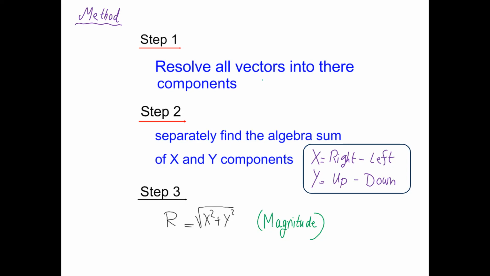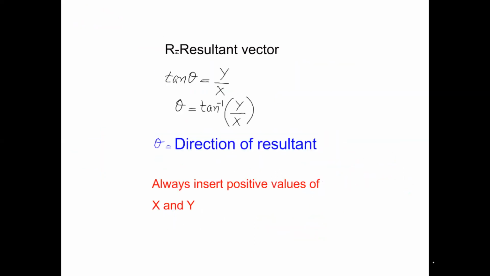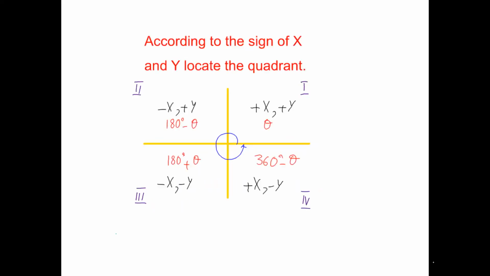Step 3, find the magnitude using this formula, and R stands for resultant vector. Then tan theta is actually a function of trigonometry, and you can inverse the function to get theta. Always insert positive values of X and Y.